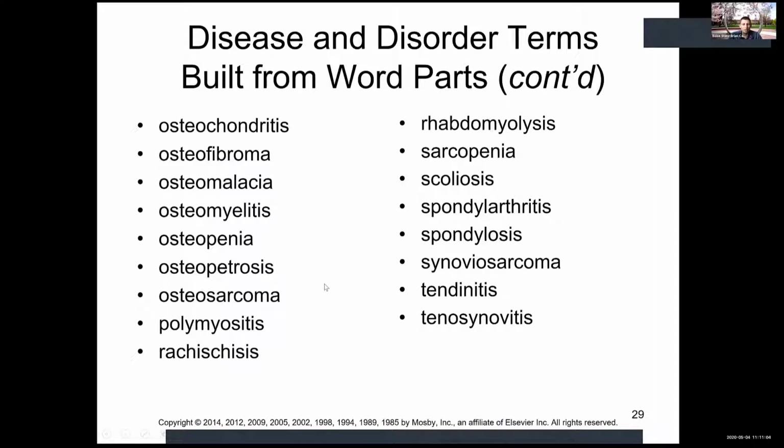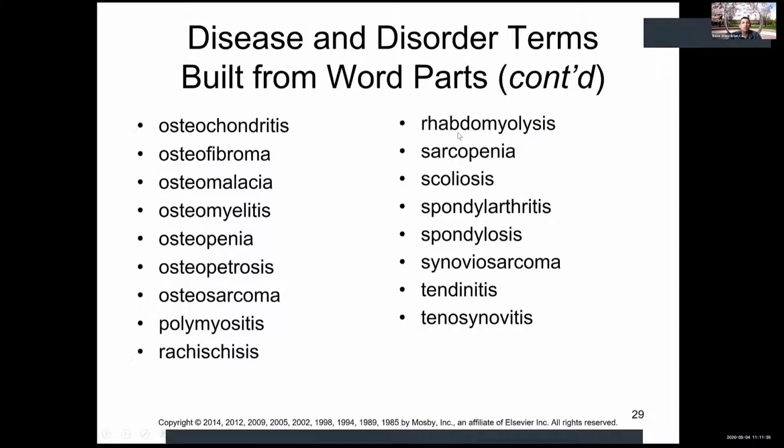Osteopenia, decrease in bone density or bone mass. Sarcoma, or the oma, again, back with cancer. The schisis, remember the schisis was that fissure, and the rachis meaning vertebral column, so a fissure of your vertebrae. Rhabdomyolysis is up here at the top of the right-hand corner.